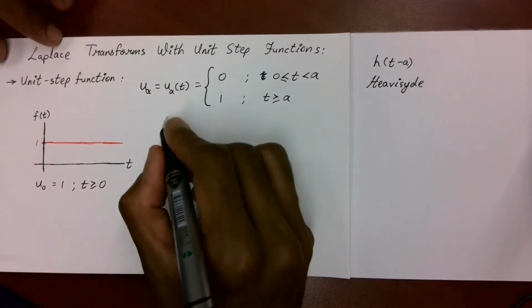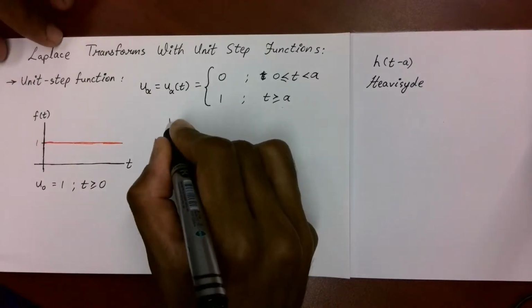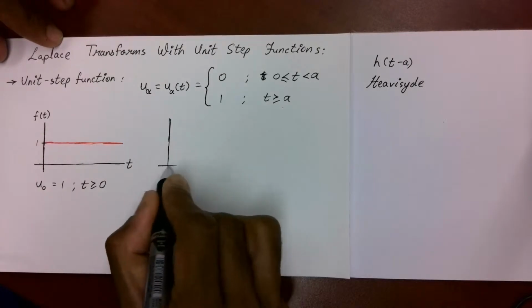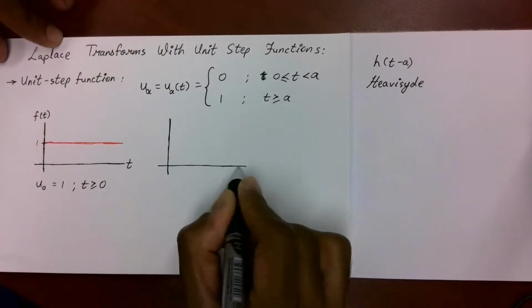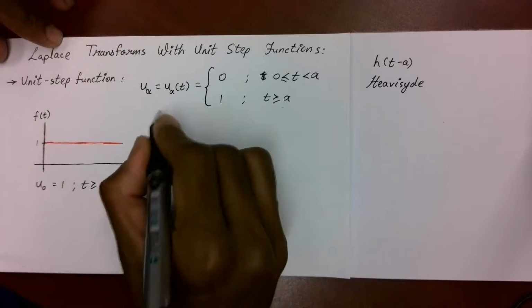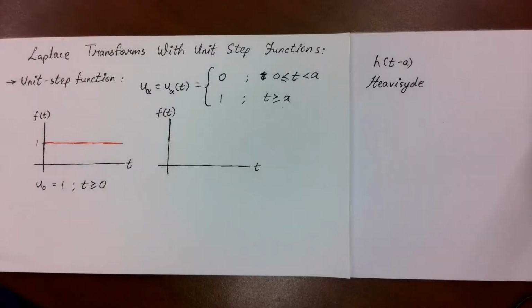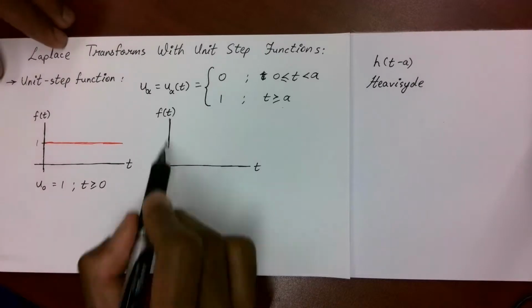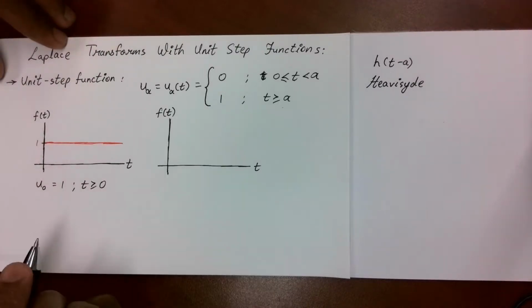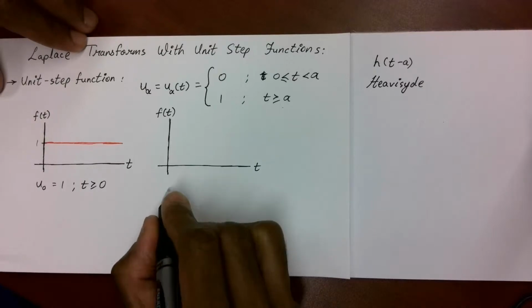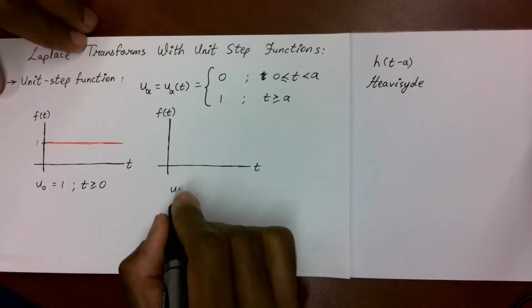Likewise, here is another example. Again, my horizontal axis is the t-axis, and my vertical axis is f of t. Now, let's suppose we want to graph u2.